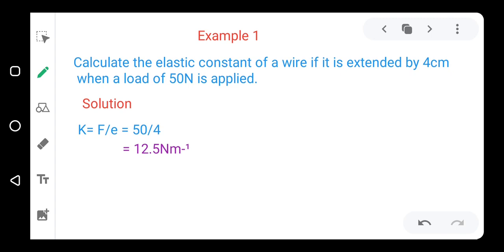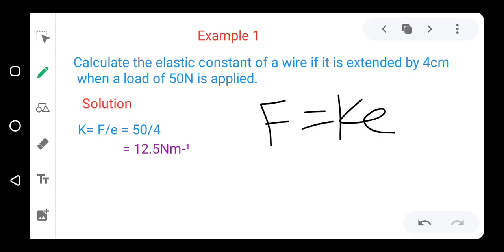Now, we know that Hooke's law states that force is equal to Ke. This is Hooke's law, from force being directly proportional to extension. Now, using this, we put the force and the extension.